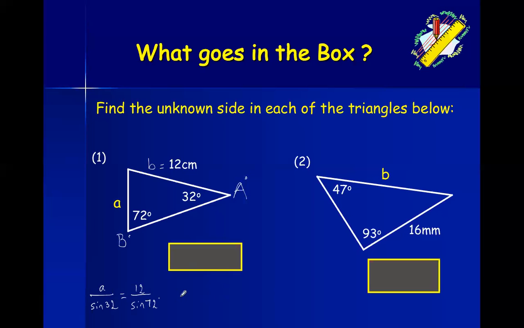So you can go like that straight away. Then that means by timesing by sine 32 both sides, A is just 12 sine 32 divided by sine 72. And if you do that in your calculator, what do you get? When you do this, use your fraction sign, type 12 sine 32 at the top, sine 72 at the bottom. 6.64885, to 1 decimal place, 6.7.